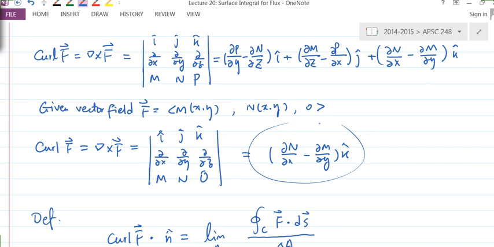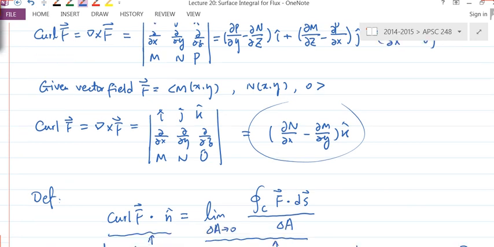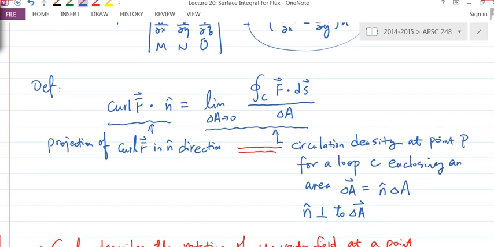So if you have a planar vector field in the xy plane, then the curl of that vector field will give you a vector in the k hat direction. Any questions in terms of computation here?